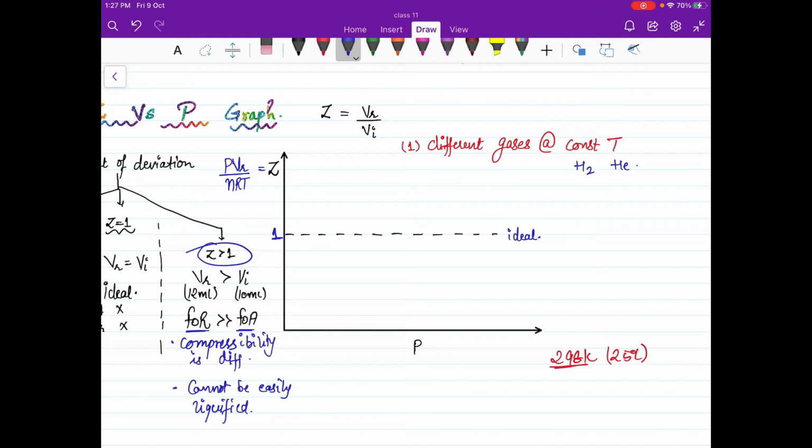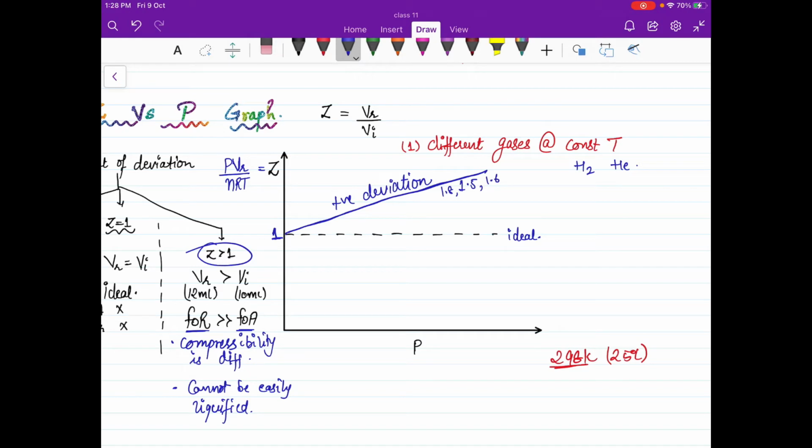Then in the case of hydrogen and helium, when he increased the pressure, he saw that the graph always showed a positive deviation from their ideal behavior. We are able to see that the value will be more than 1 here. Either the value will be 1.5, 1.6, 1.8, something like that. Correct?